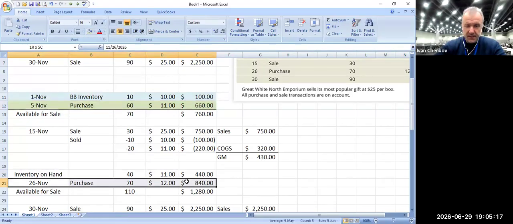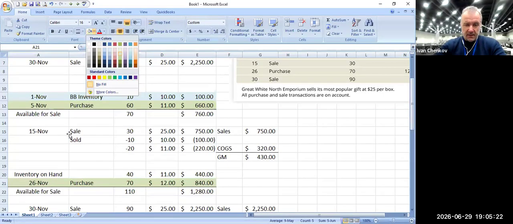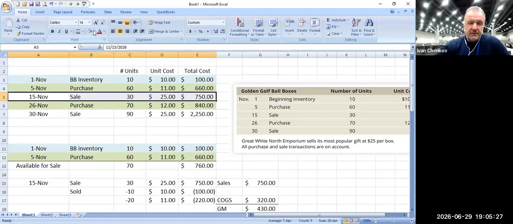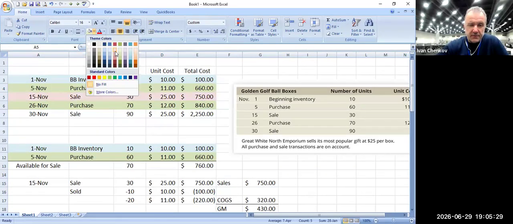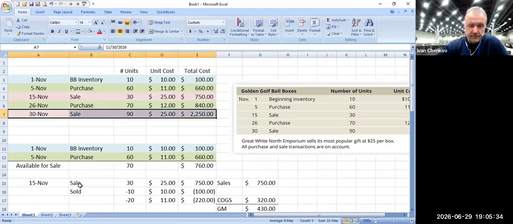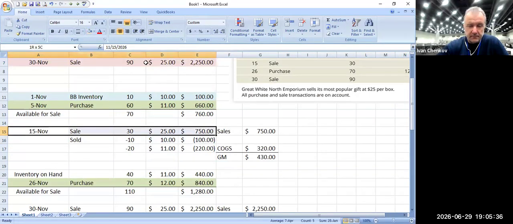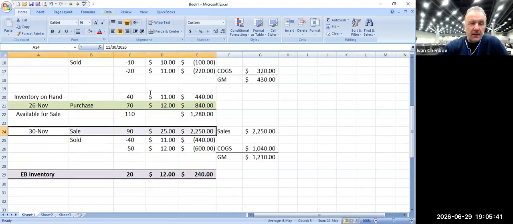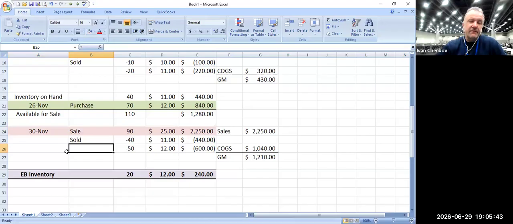And that's our second purchase for the month. And then we have the sales. Let's highlight the sales in different colors so we can clearly distinguish the sales from everything else. And that's our information that we have available.